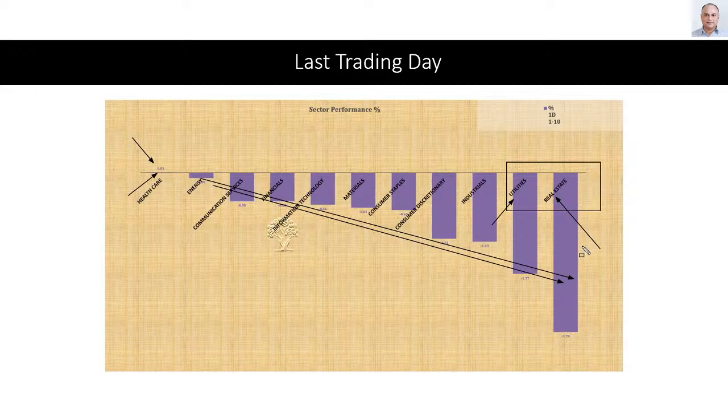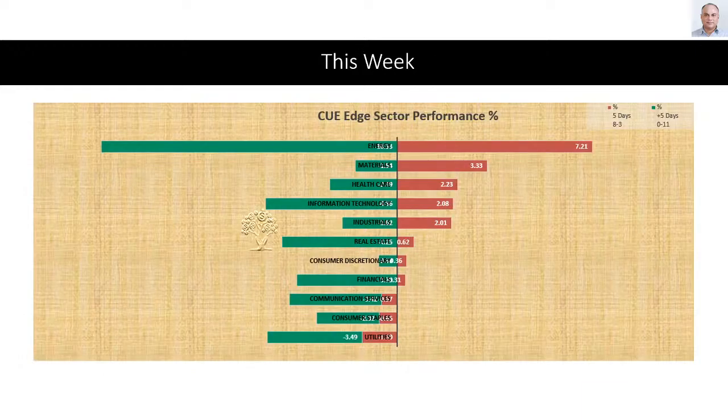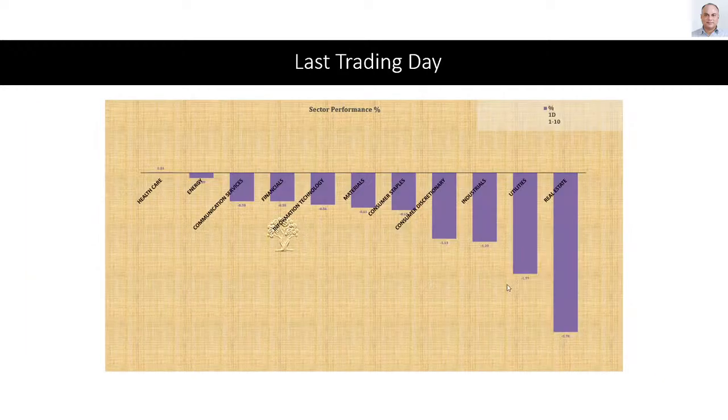Therefore, in the weekly picture, we saw defensive sectors were down, and on Friday they were down very much. Let's go back to the weekly picture again. Defensive sectors, and here of course utilities and consumer staples, not real estate. In the weekly picture, they were down, two defensive sectors, and on Friday, two defensive sectors are the worst performers.